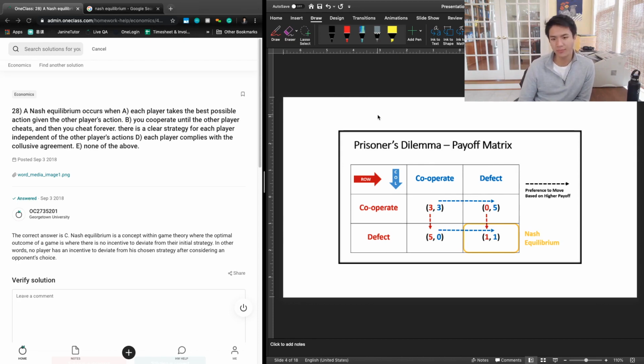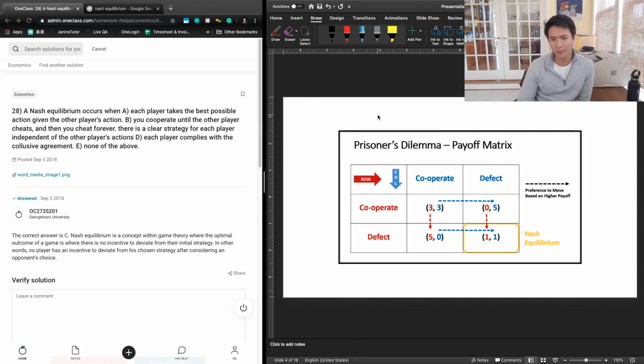Or you can defect, and what defect means is that you basically refuse to say anything, you don't cooperate with the police, and you hope that your friend did not cooperate with the police.